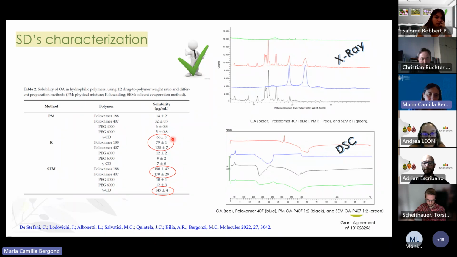Remember that oleanoic acid is a very insoluble molecule. The X-ray and the DSC technique demonstrate, in green there is the X-ray of solid dispersion, that the improvement of the solubility is due to the amorphization of oleanoic acid inside the polymer.